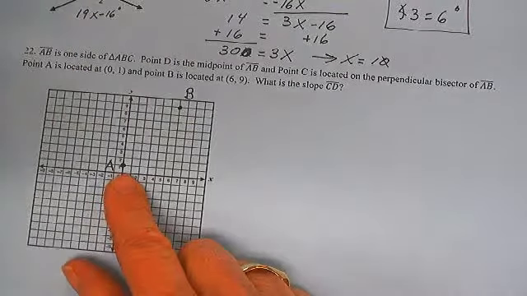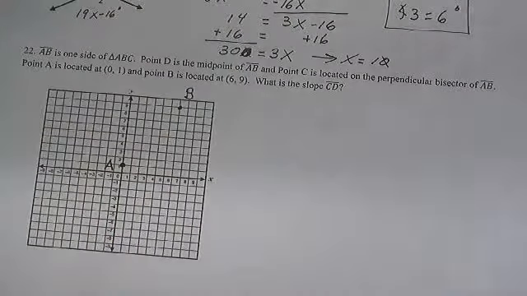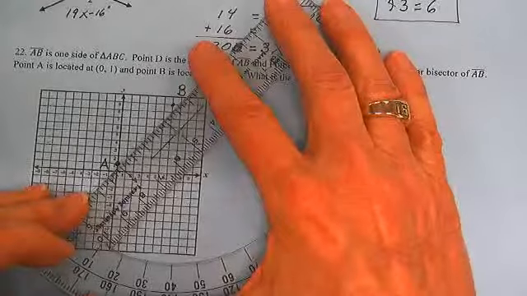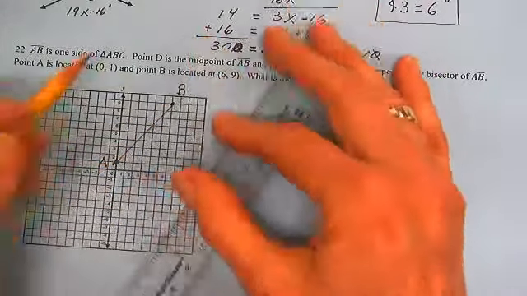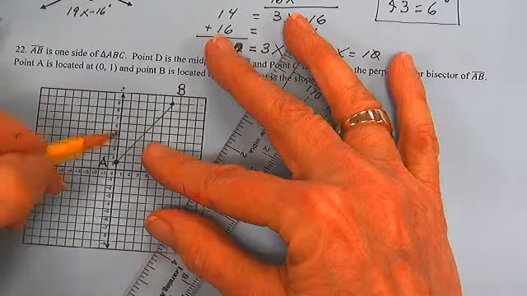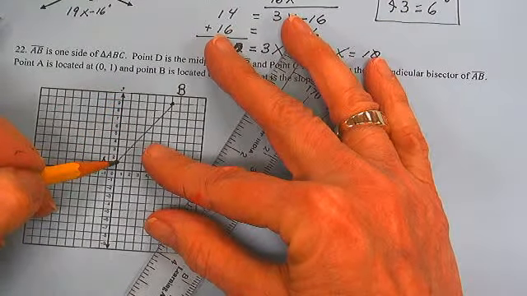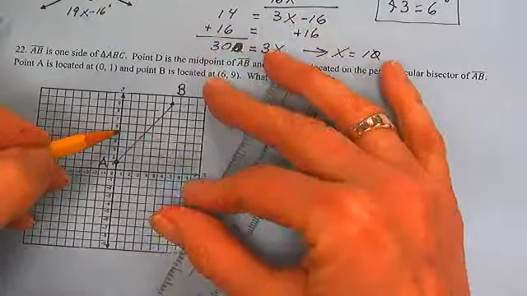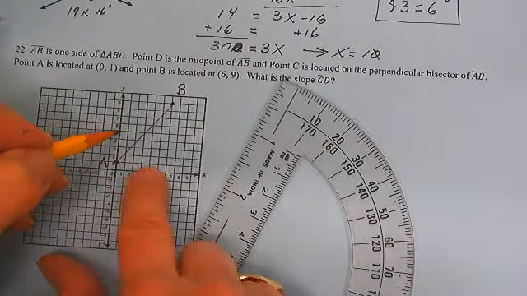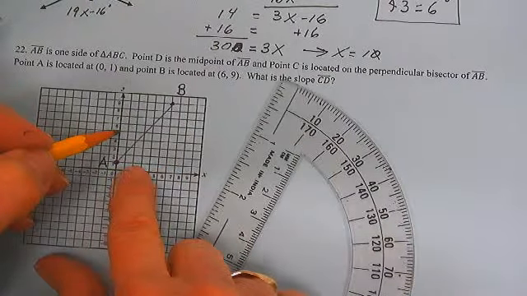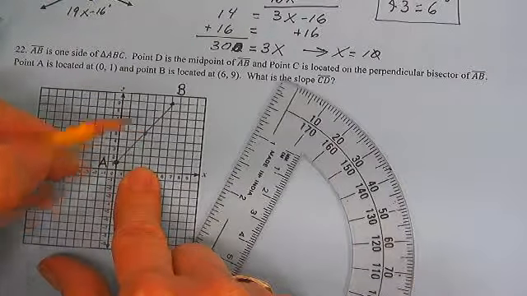If I want the midpoint of this segment, an easy way to do it is figure out the change in y, 1, 2, 3, 4, 5, 6, 7, 8. Half of my change in y is 4. Now, my change in x is 6, half of that is 3. There's my midpoint.